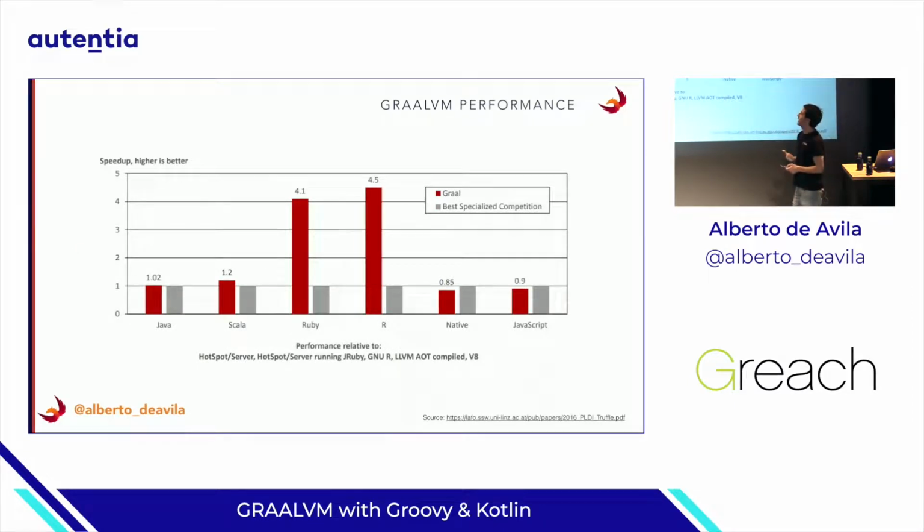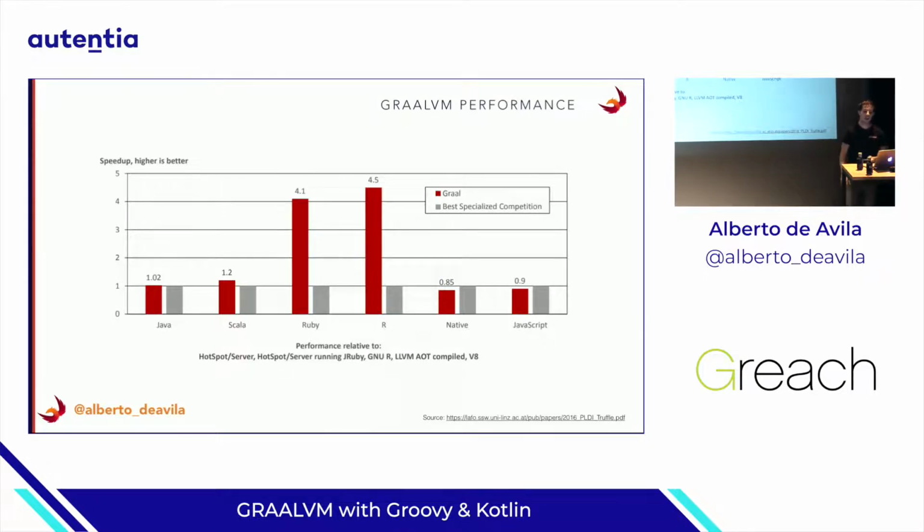This is an Oracle graph from its documentation. I think it has some time, but it can show you. First of all, I want to say that the red bars are for the Graal, if you can see well, and if the bars are higher, they are better.